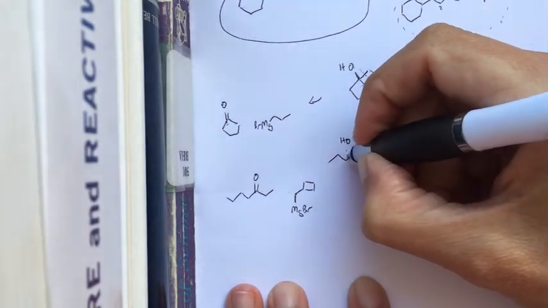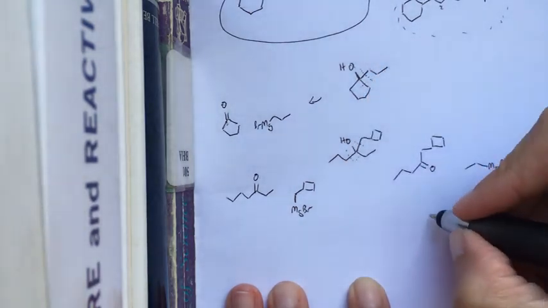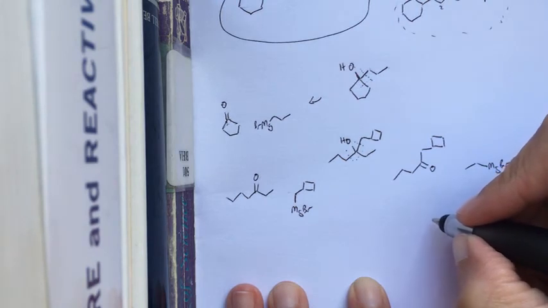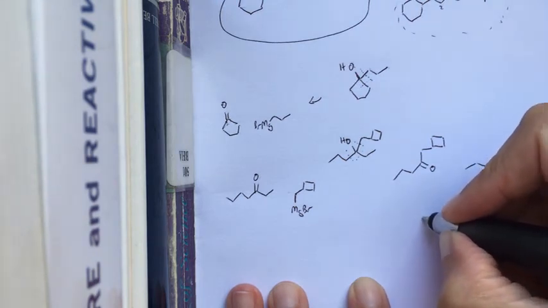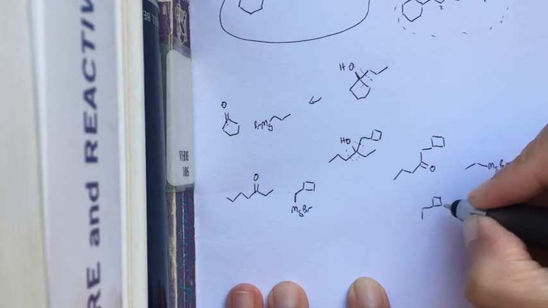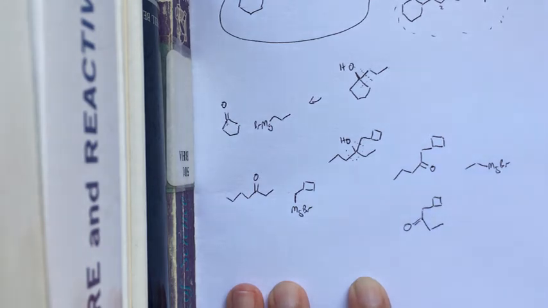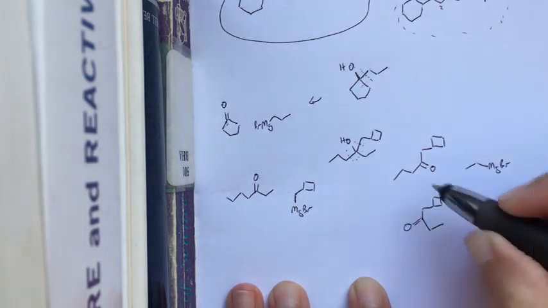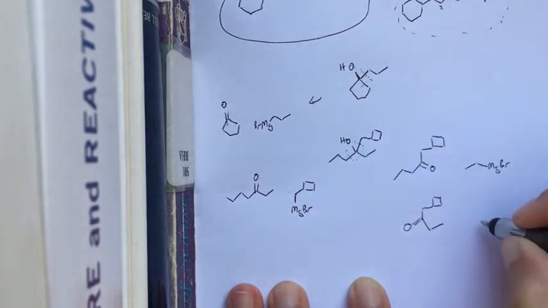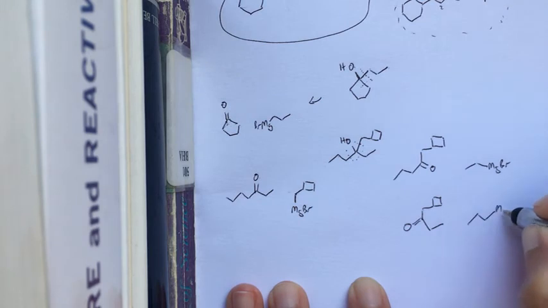Or I could have had that, which is very similar, except, let's draw it like this so you can see which one I'm doing. Notice I've just got 2 carbons there, and I'm adding 3 carbons into my chain, so now I've got propyl magnesium bromide.